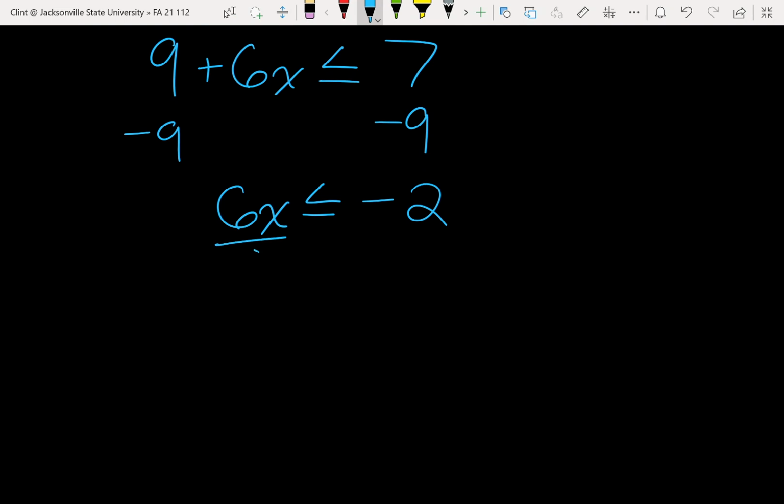Divide both sides by 6. That's a positive number, so we don't have to worry about flipping the inequality. So we get x is less than or equal to negative 1/3.